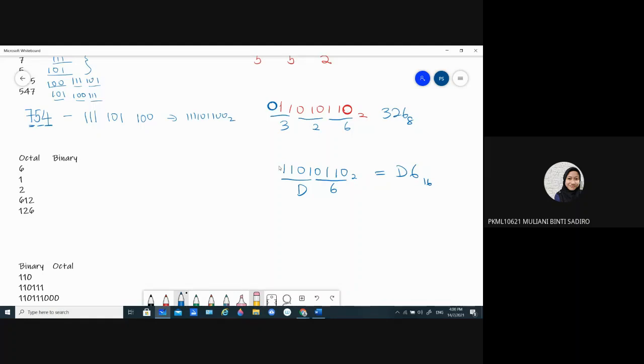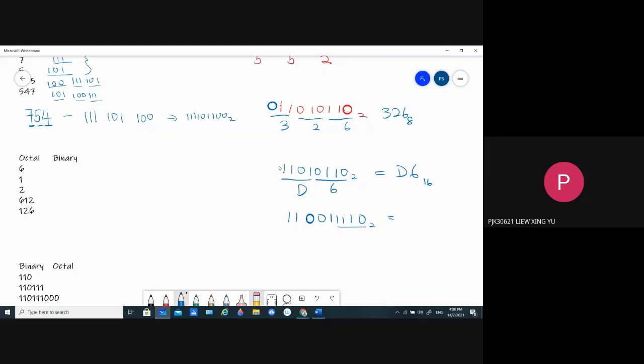Okay, can understand? Let's try one more. Tell me very fast, what is this in base 16? From the right-hand side, 1, 2, 3, 4.